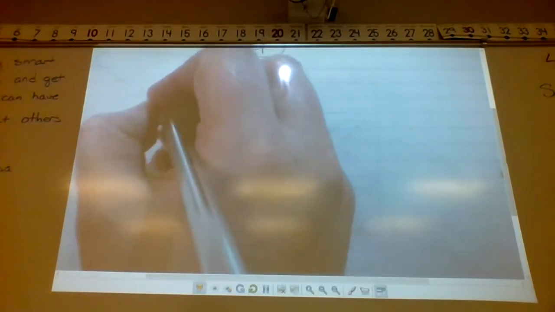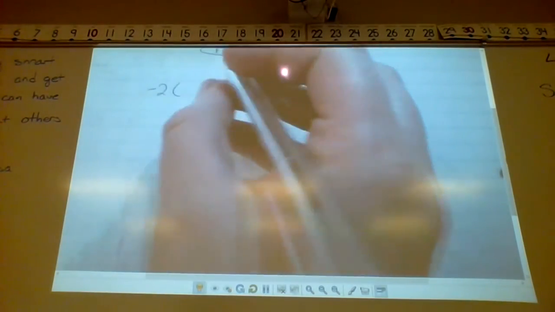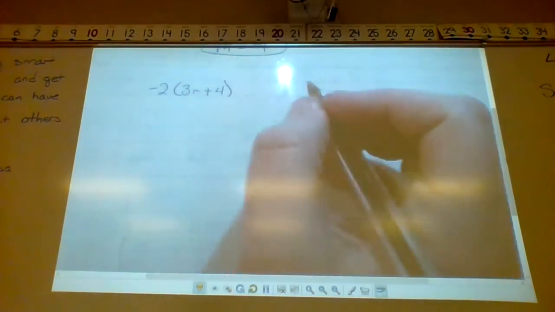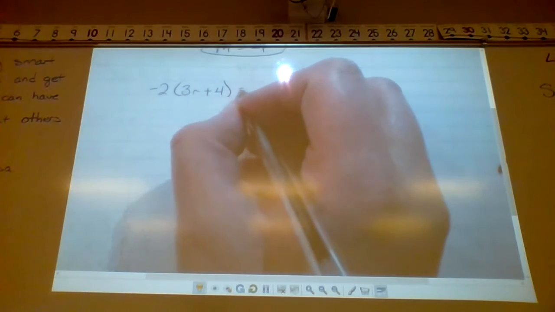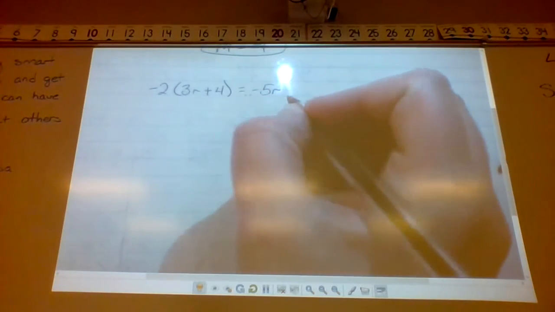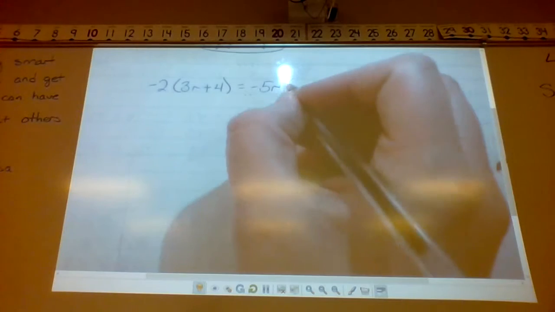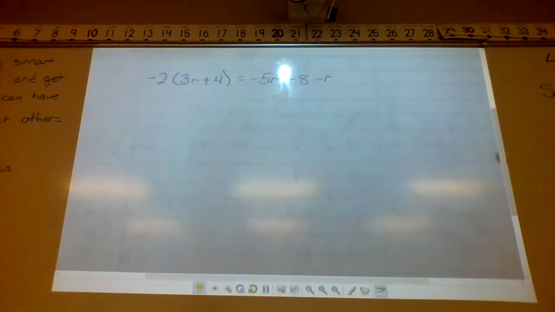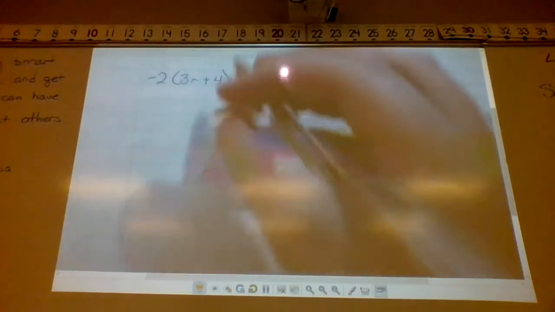Let's see if I can write this problem down correctly. First thing I ask you guys to do: draw the river.